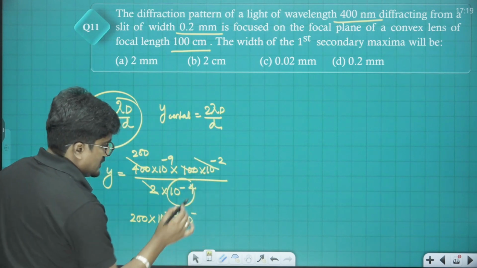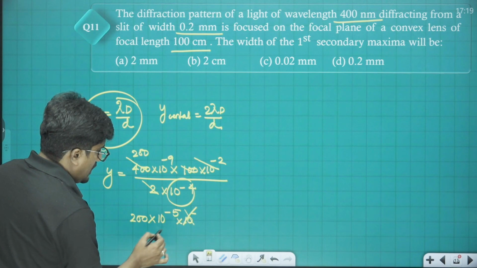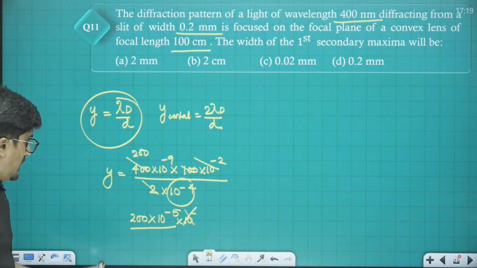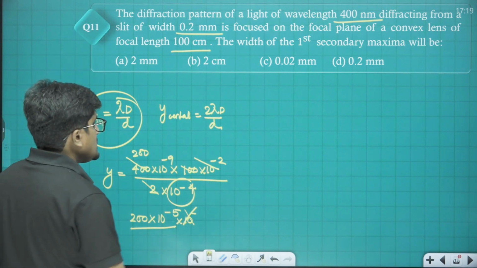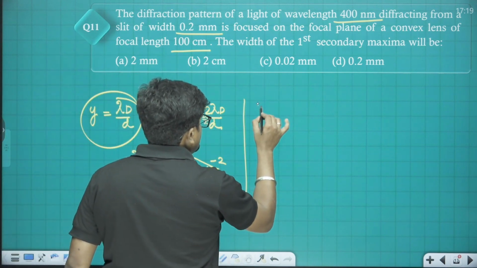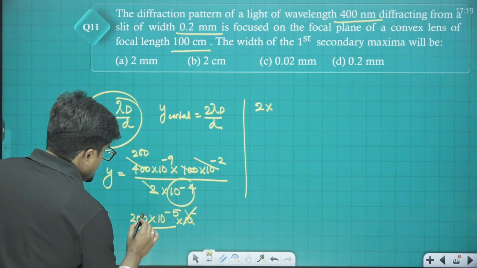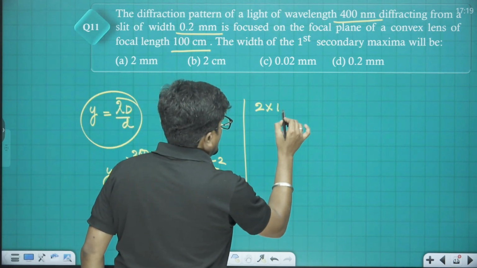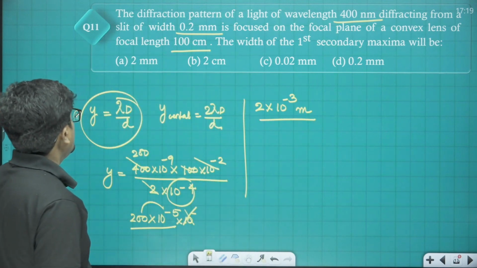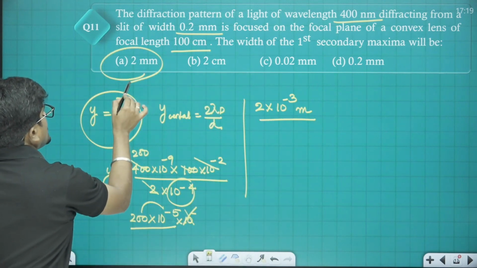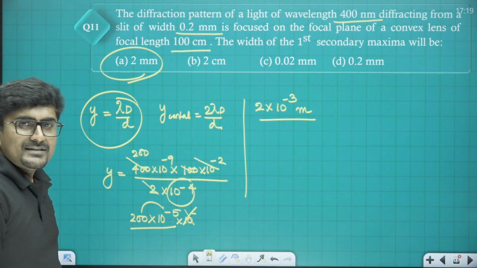Here this will cancel each other, isn't it? Now it is 200 into 10 to the power minus 5 only. So here this is 2 into 10 to the power minus 3 meter, or I can say it is 2 mm. That means option A must be the correct answer in this case.